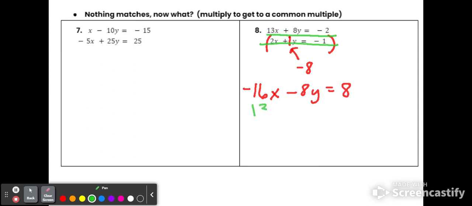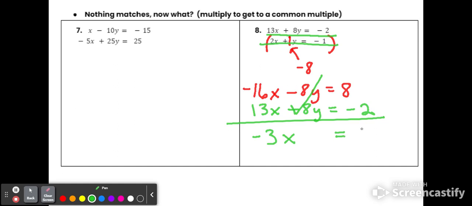And we have 13x, positive 8y, negative 2. So I could have made these two a match or these two a match. So I'm going to go with eliminating the y's. Positive 8 and negative 8, those are eliminated. Now we total these up, negative 3x and 6. Divide by negative 3. And we have x equals negative 2.